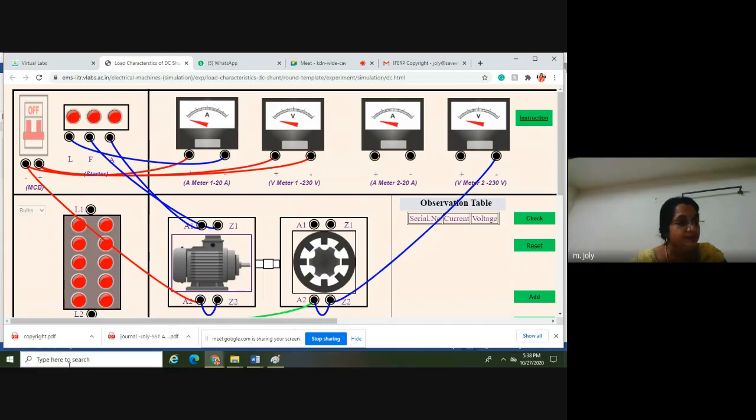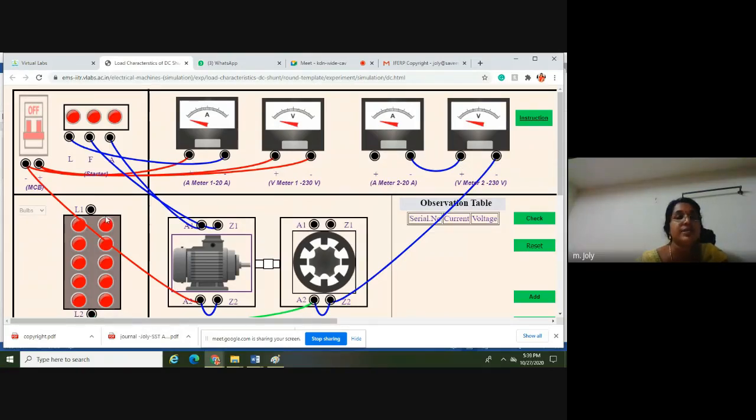Then ammeter 2 negative to voltmeter 2 positive. Then L1 to voltmeter 2 positive.